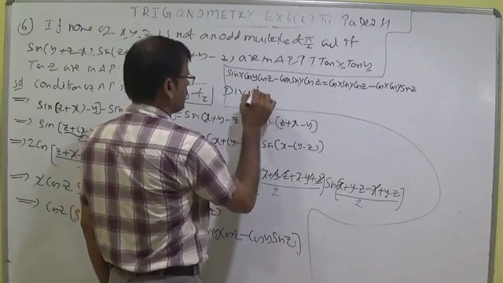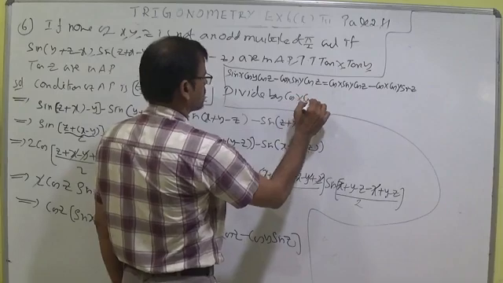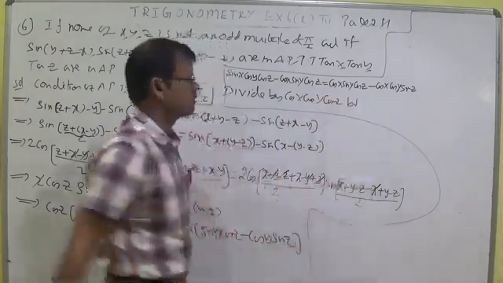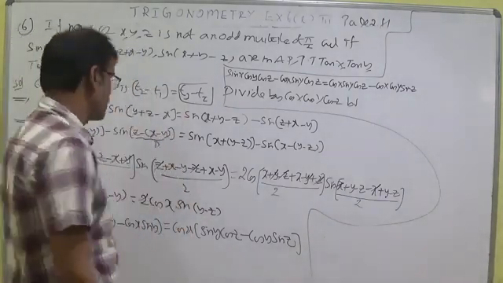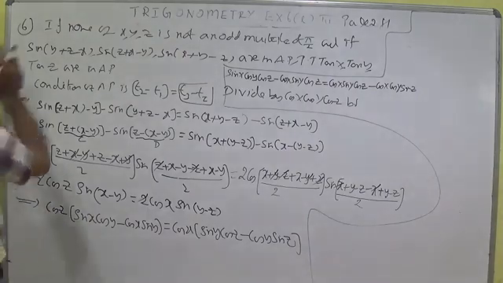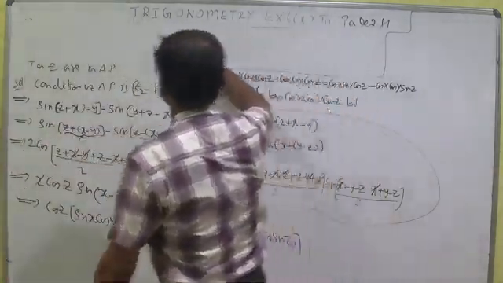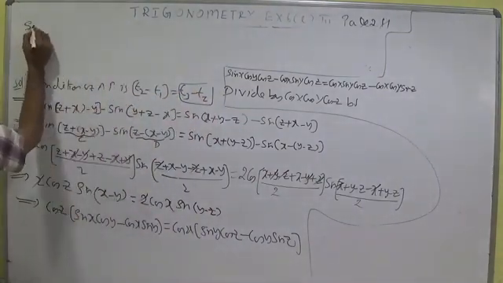Now divide by, the step I am writing, you should try to understand. Divide by cos x cos y cos z both sides, for all terms. In the place of question I am writing: cos x cos y cos z divided by cos x cos y cos z.